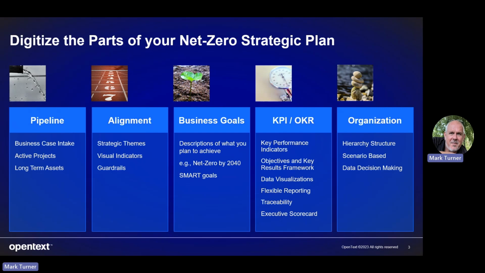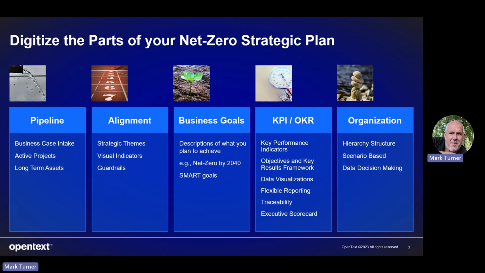They're looking then to be able to align that work to the correct strategic themes and guardrails, ensure that they capture and track the business goals and the KPIs and OKRs associated to that data, and then also take that information from an organizational perspective, its hierarchical structure, and then run scenarios and what-if analysis against that data and make decisions based on the information that has been captured previously.